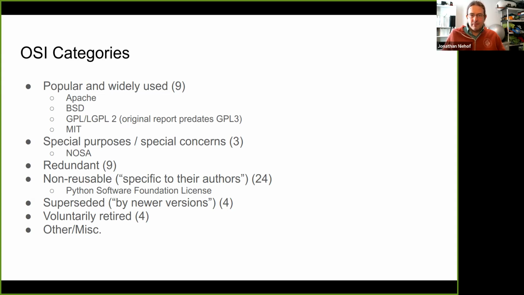That includes NOSA. There's a redundant category, a non-reusable category because it's specific to the authors. That includes the Python license. And that's literally just because the license says the Python Software Foundation grants you, as opposed to more generic wording. But then superseded and voluntarily retired. So generally what they really recommend is you kind of play in this popular and widely used space.